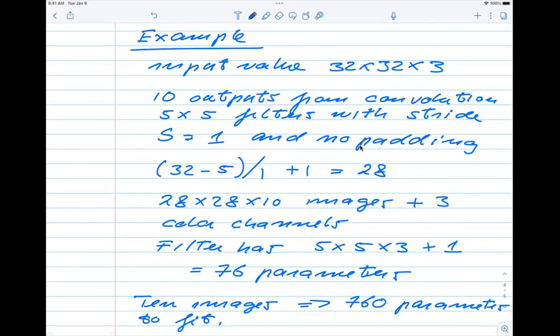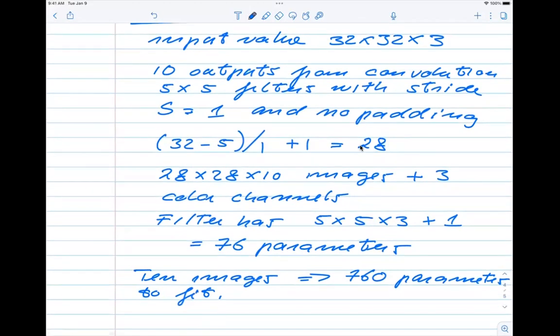So in this case, with the filtering, you have only 760 parameters, whereas if you take a standard affine transformation given by a standard feed-forward neural network, you would have 32 times 32 times 3, which gives you close to 3000 input variables, times 100 hidden nodes. So you would have something like close to 300,000 weights to fit. This is a considerable dimensionality reduction.